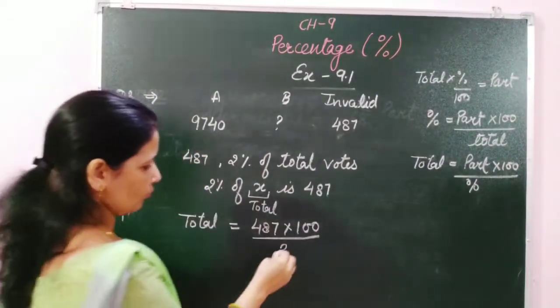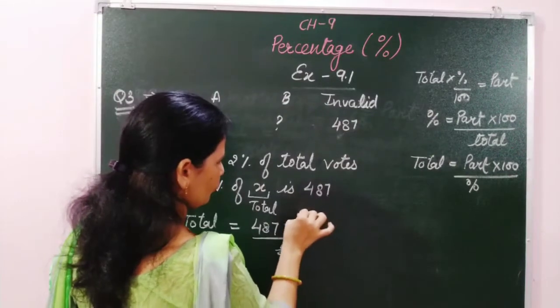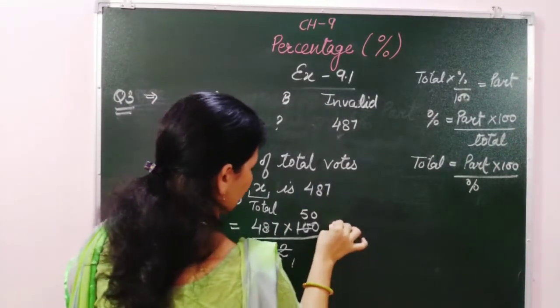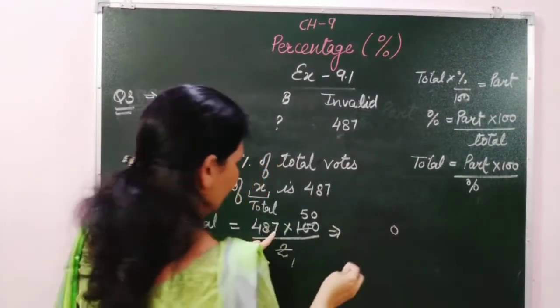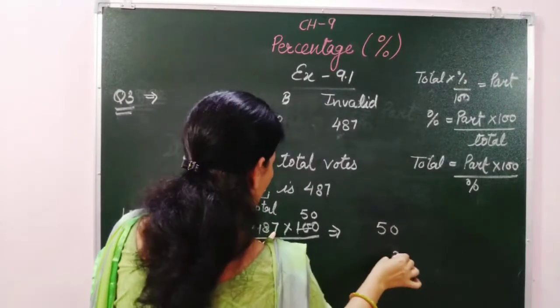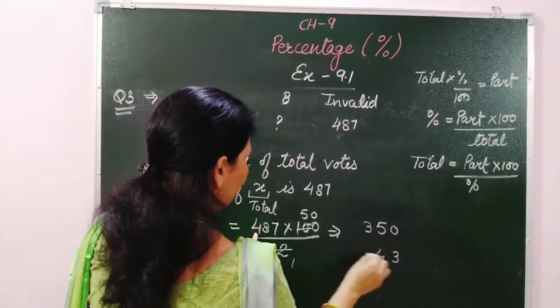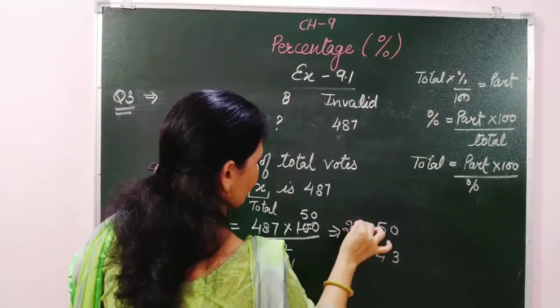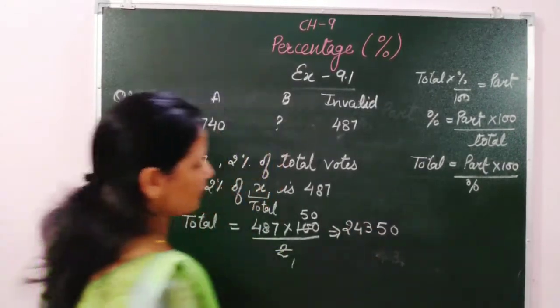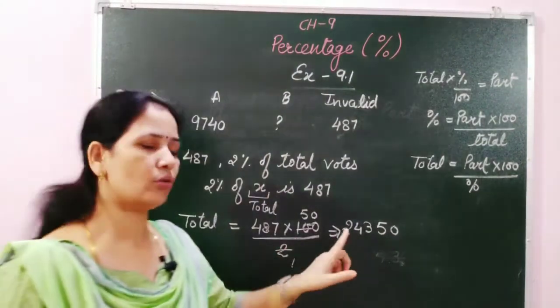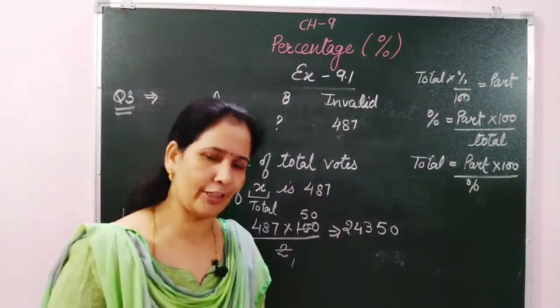Okay. Now cancel it. 2 1s are 2, 2 5s are 10. Multiply it. 500, 5 7s are 35, 3, 5 8s are 40 plus 3, 43, 4, 5 4s are 20, 20 plus 4, 24. That means the total votes are 24,350.